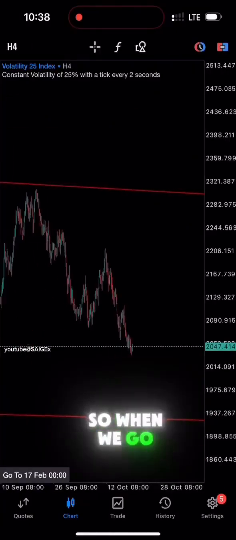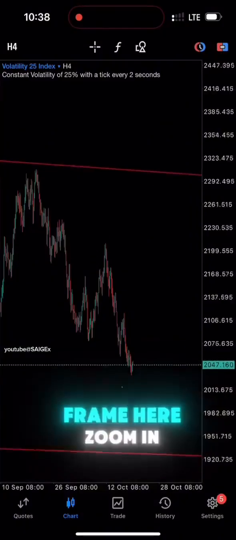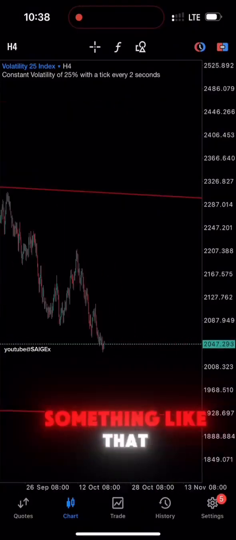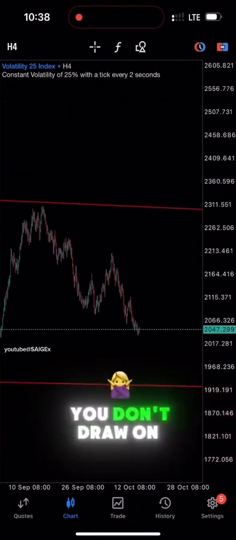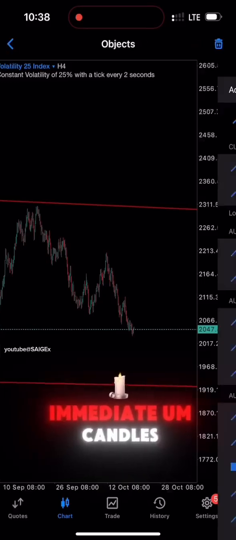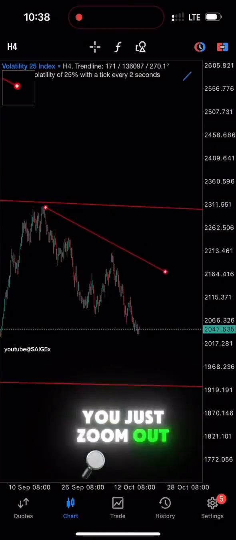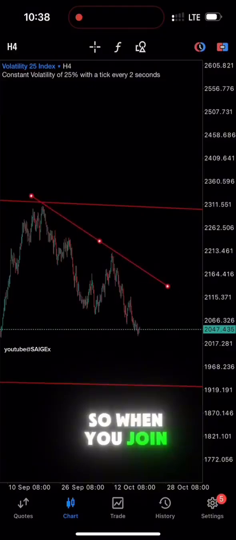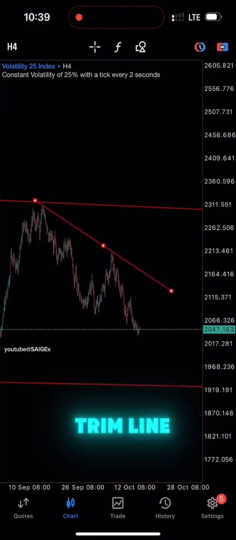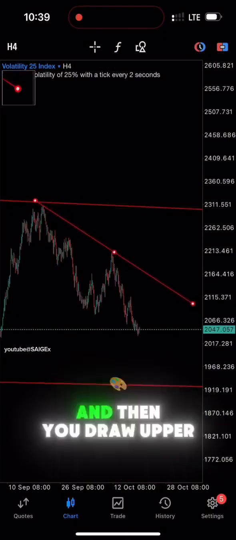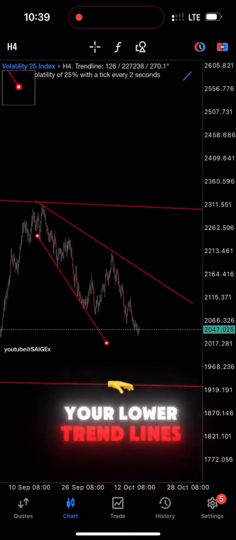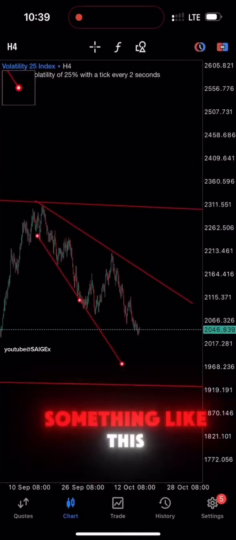So when we go to the lower time frame here, we zoom in, we try to draw something like that. You don't draw on the immediate candles, you just zoom out just a little bit. You can see here. So when you join your wicks using the trend line, and then you draw your upper trend line, and then you draw your lower trend lines, and then you have something like this.